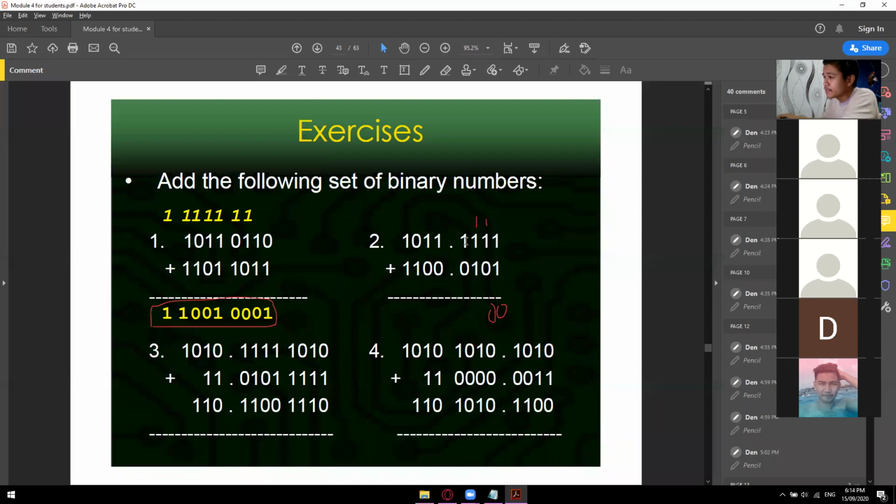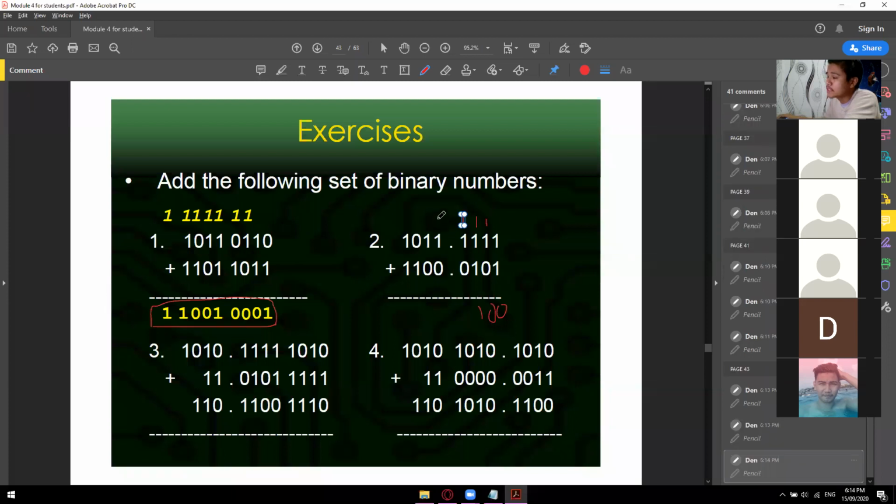Okay, so meron tayong 3, 1. So carry 1, bring down 1. 2, 1 is 10. Carry 1, bring down 0. 2, 1 is 10. Carry 1, bring down 0. 2, 1, carry 1, bring down 0. 2, 1, carry 1, bring down 0. And then 3, 1 is 11. So carry 1, bring down 1. And then bring down the remainder 1. Okay. So that's how we've got 1, 1, 0, 0, 0, 0, 1, 0, 0, 0.